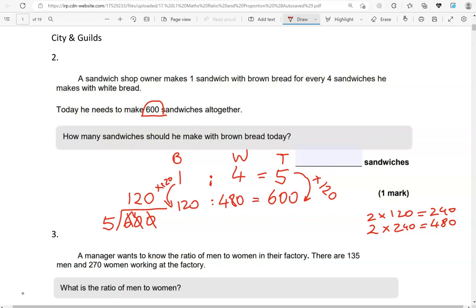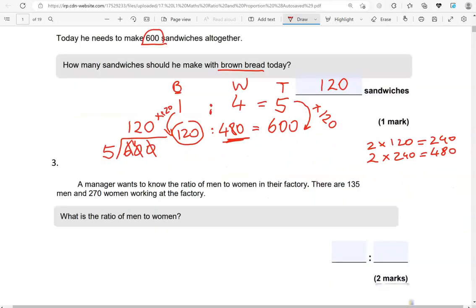The question is, how many sandwiches should he make with brown bread? So that is this one here, 120. We could have stopped at the point when we worked out 120 without going through the 480 because that's not been asked, but I wanted to show you the process for either of them, or for both of them.